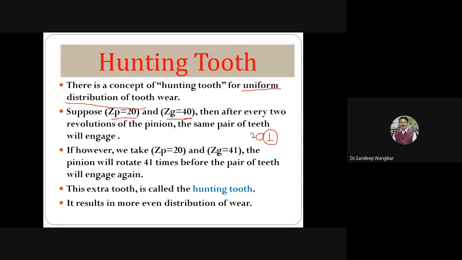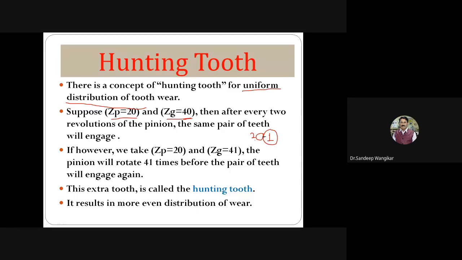Then after every 2 revolutions of the pinion, the same pair of teeth will engage. For example, you mark any one pair that is engaged now. This tooth on pinion and this tooth on gear are engaged. Now the same teeth after 1 revolution are again not engaged.